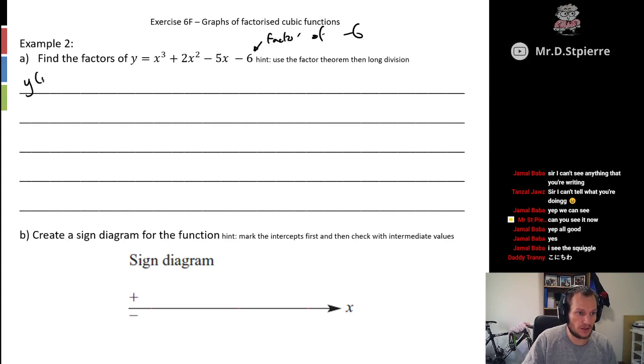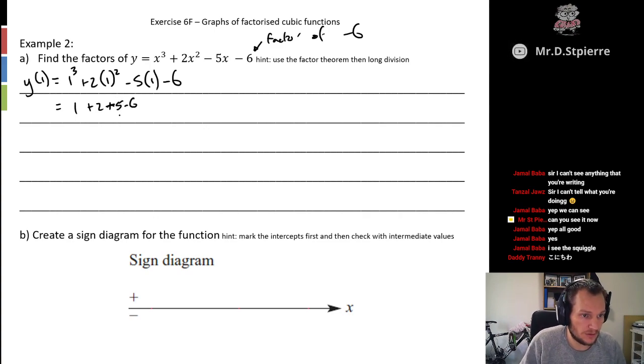Okay, so y of 1 is equal to 1 cubed plus 2 by 1 squared minus 5 by 1 minus 6, which is equal to 1 plus 2 minus 5 minus 6. That's no good.